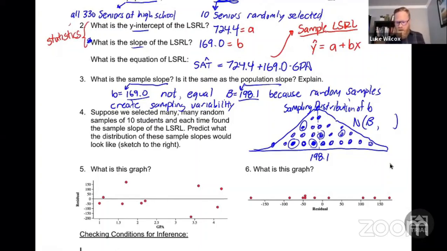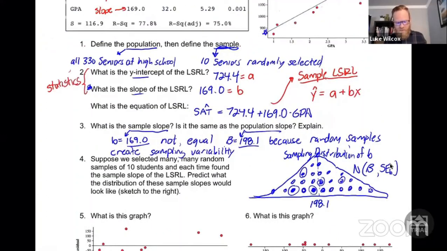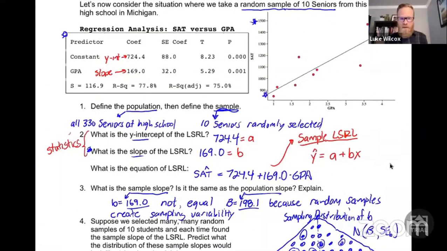Now, the standard deviation of this thing, we're going to call the standard error of b. It turns out there's a big formula you can use to calculate it, but most of the time we're going to get that value right from the computer output. You see up above where it says standard error of the coefficient. We know that this right here is our b value, and this value right next to it is the standard error of b.